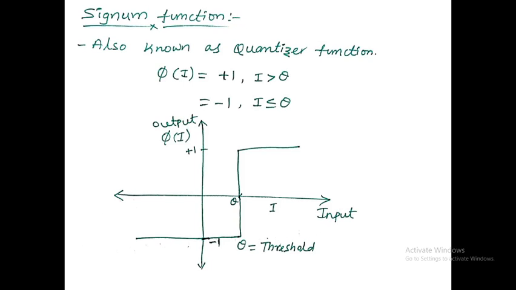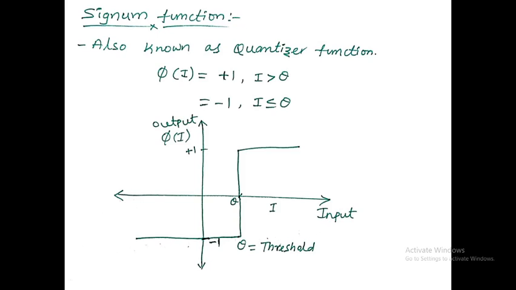Here also the threshold value is there. If you consider the threshold value, pi of I is equal to +1 if I is greater than theta, else -1. That is, if I is less than or equal to theta, the activation function output is -1.